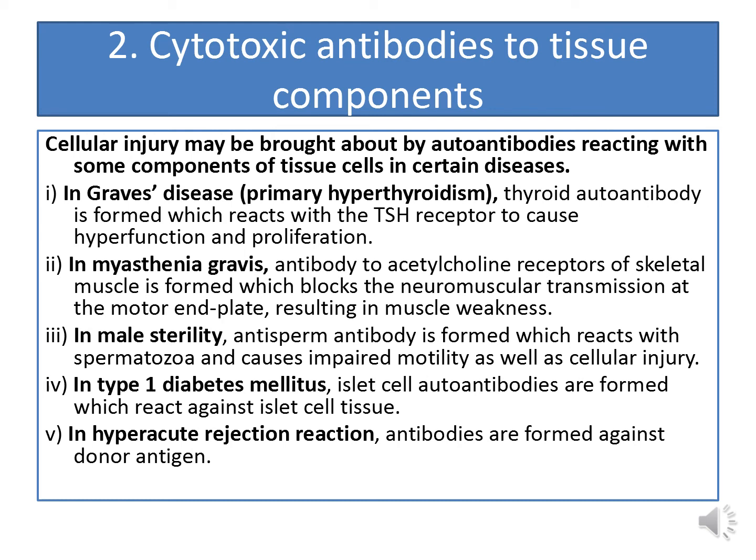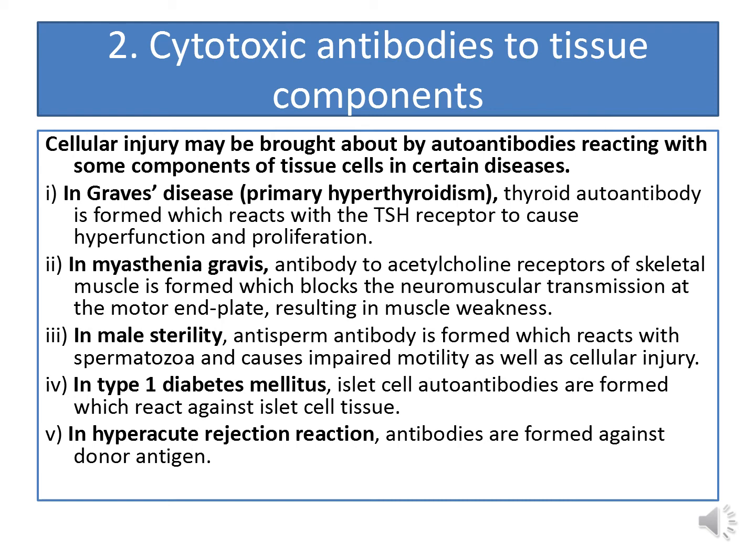In myasthenia gravis, antibody to the acetylcholine receptor of skeletal muscle is formed, which blocks the neuromuscular transmission in the motor end plate, and that results in muscle weakness of the patient.